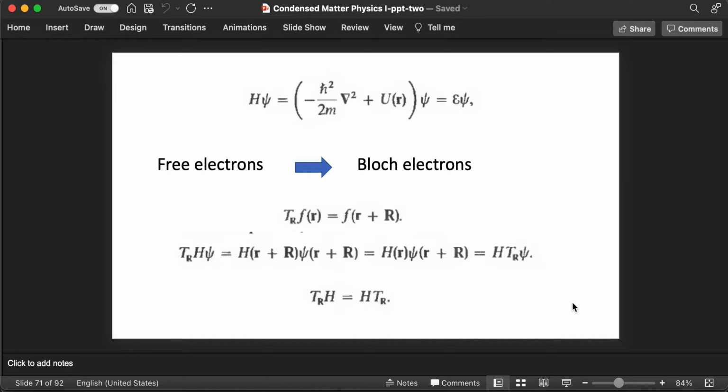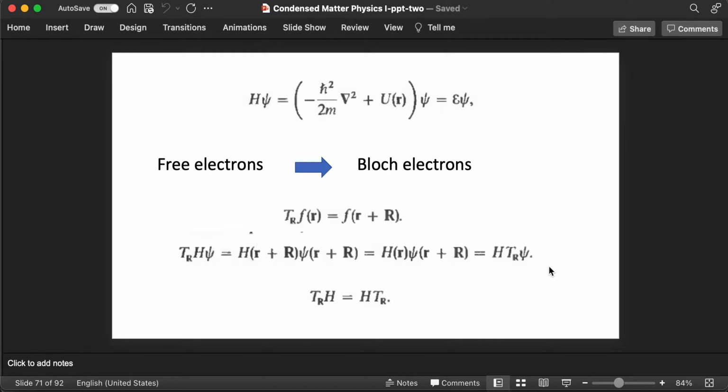Now we first introduce a translation operator T_R, so that the translation operator T_R operating on f of r gives you f of r plus a Bravais lattice vector R. You can simply follow this argument to see that if I operate T_R on H psi, the result is the same as operating H on T_R psi.